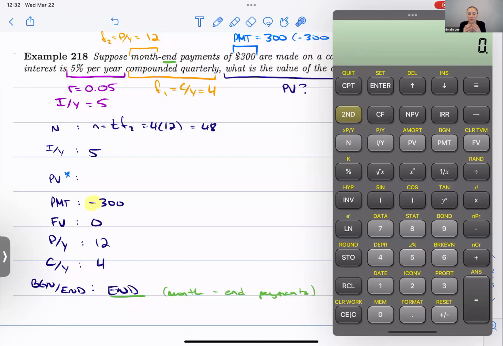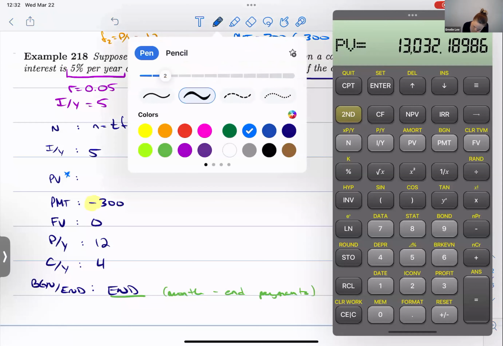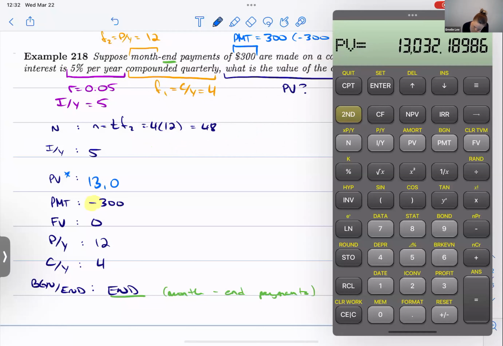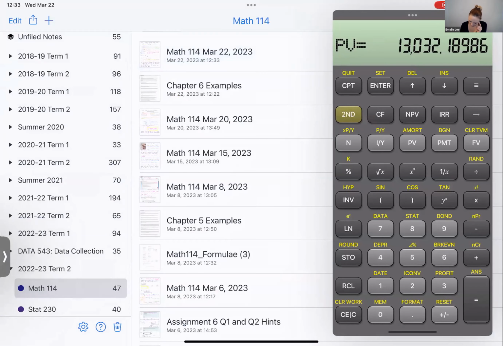So now we're ready to compute the present value. You're going to hit compute present value, and we get 1332.18986. As long as you didn't round any values when you used the formula, that's going to be the same answer.